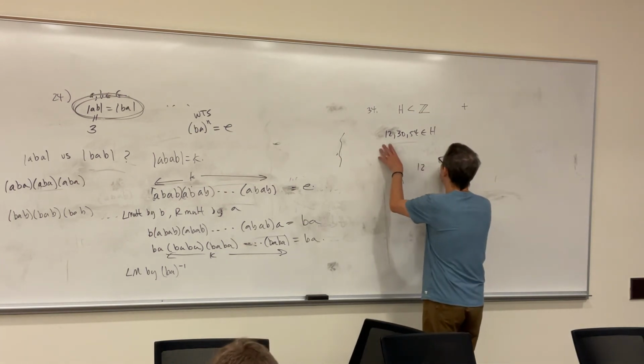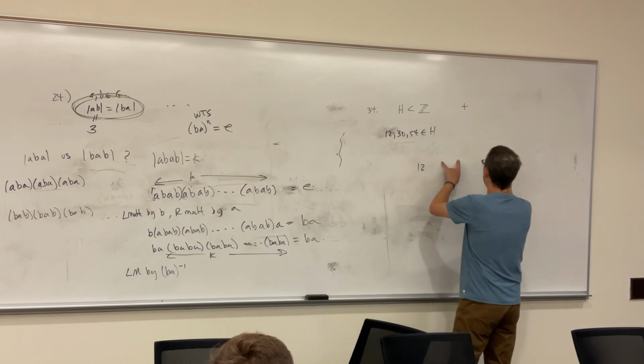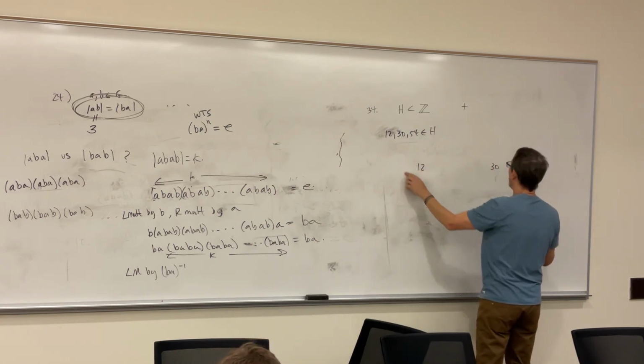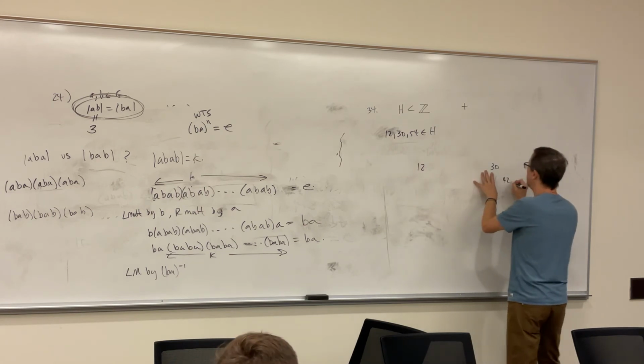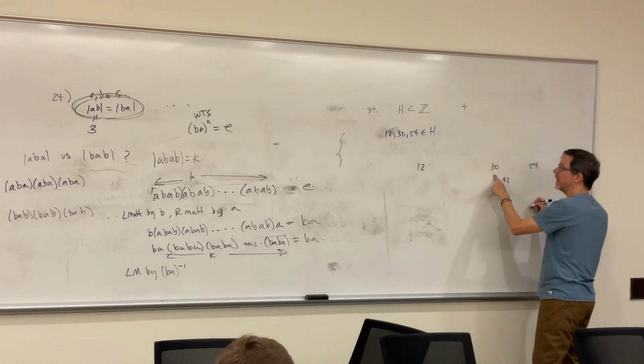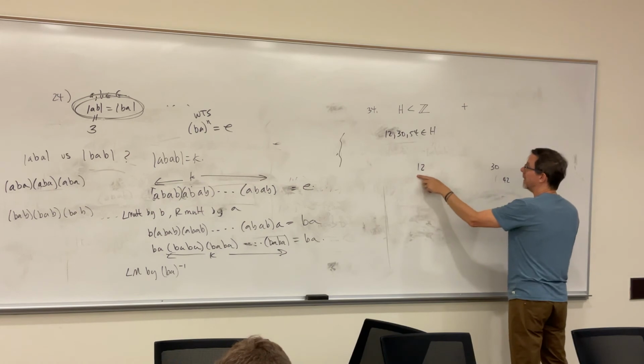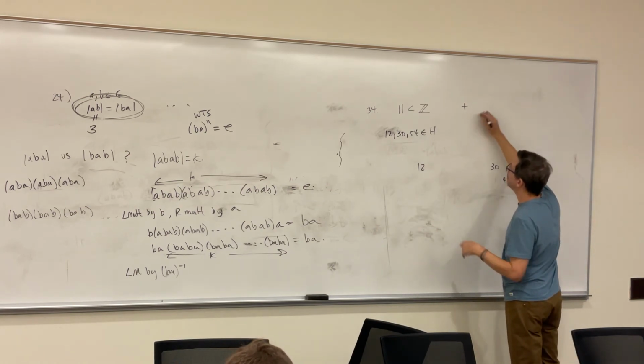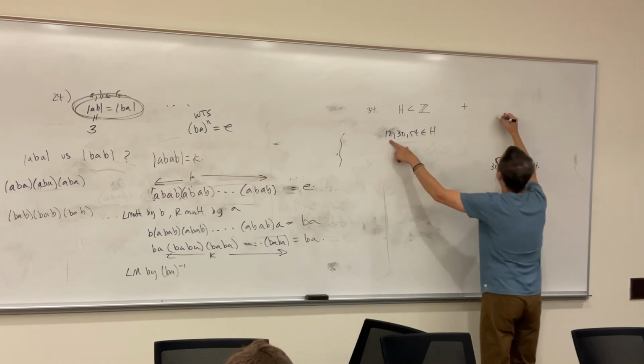So we've got 12, I got 30, I got 54, and then I've got 42 in there because I add these two together. Basically, I can have any multiple of one of these.